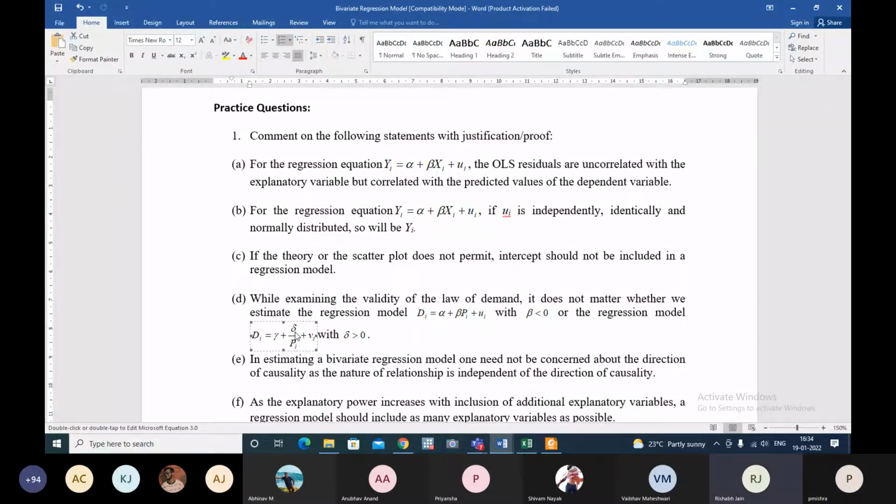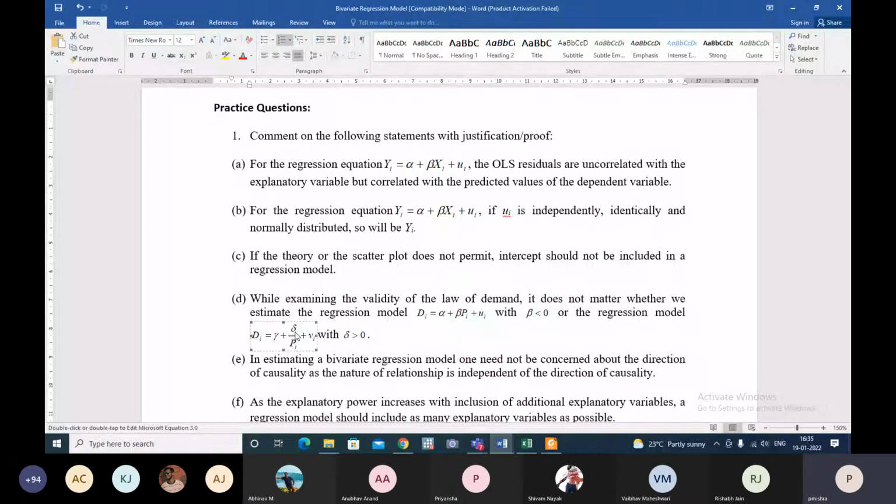Yes, sir, it is true because in both the cases we obtain an inverse relationship between price and demand, which is statistically significant. Right. But if you are simply talking about inverse relationship between price and quantity demanded, then you are right.